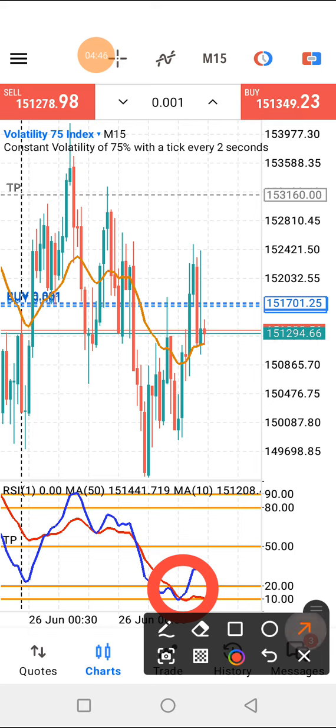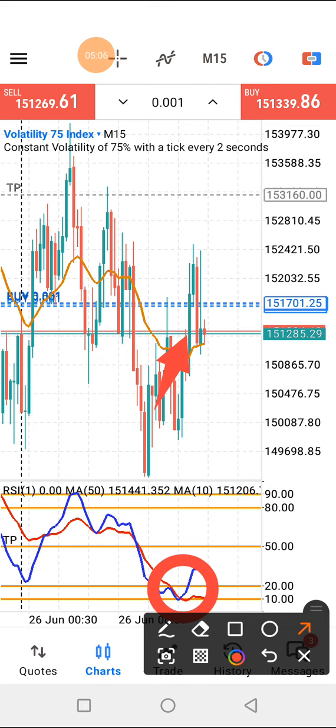That is first. Then secondly, we want to see price above this moving average in the main chart. So when we have those two scenarios, then we place a buy order. Exactly. You place a buy order, then you hold.